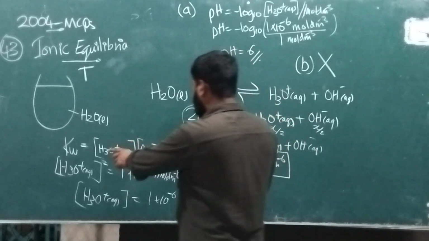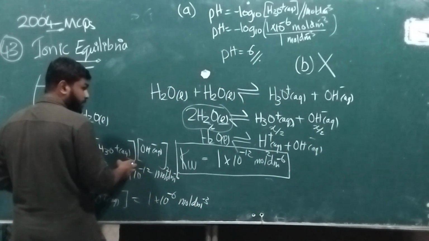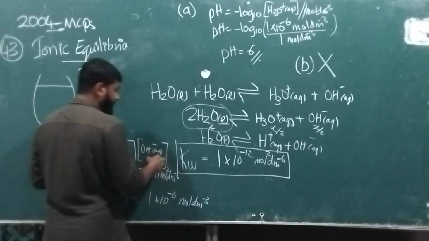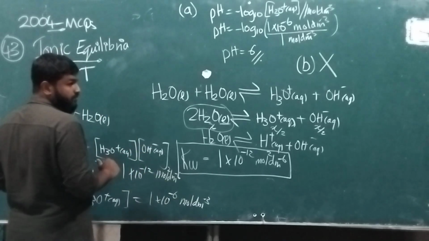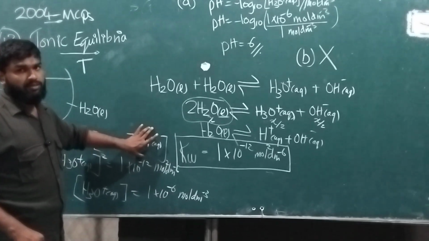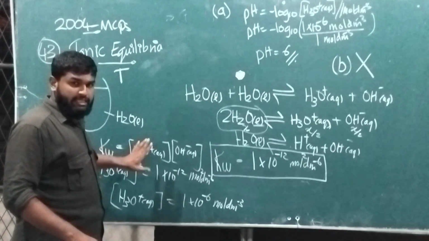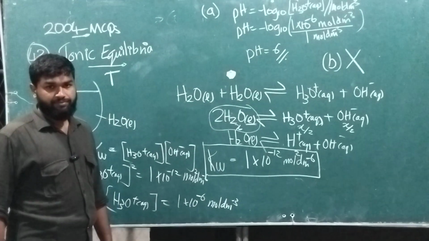Because you are going to have the same amount of H3O plus and the same amount of OH minus. So the hydronium ion and the hydroxide ion, both of them are going to have the same concentration.